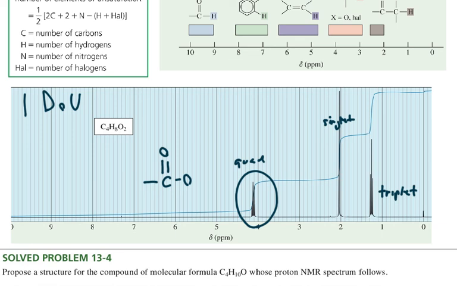Because if we didn't have it, we would have an H on the C and an H on the O, which is saturating. But if we take a look at this, we have a quadruplet and we have a triplet. And the quadruplet is really de-shielded. And so what I'm going to say is, what if the quadruplet is directly bound to this oxygen? Because we have to have something here, and we can't have this bonded to 3 carbons, because then we've used up all our carbons in what goes here.